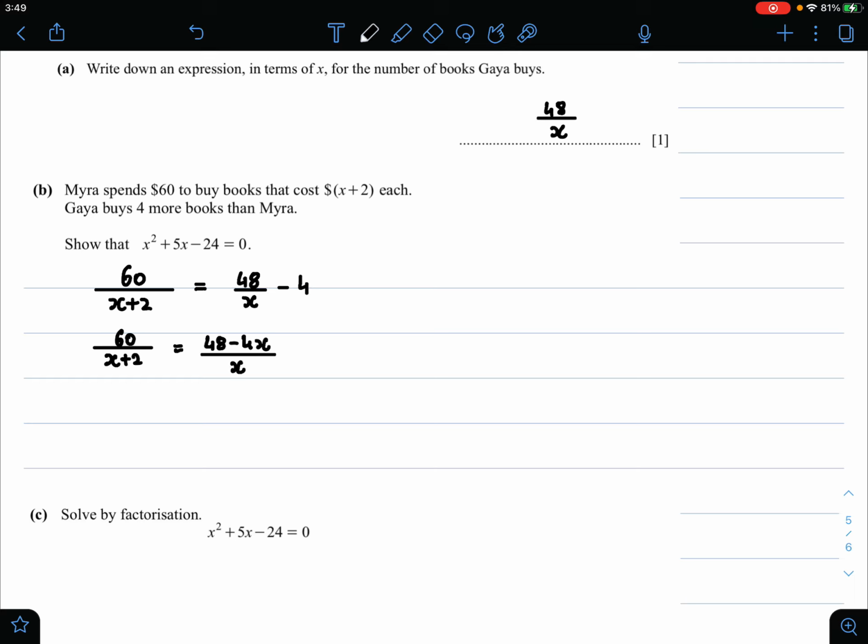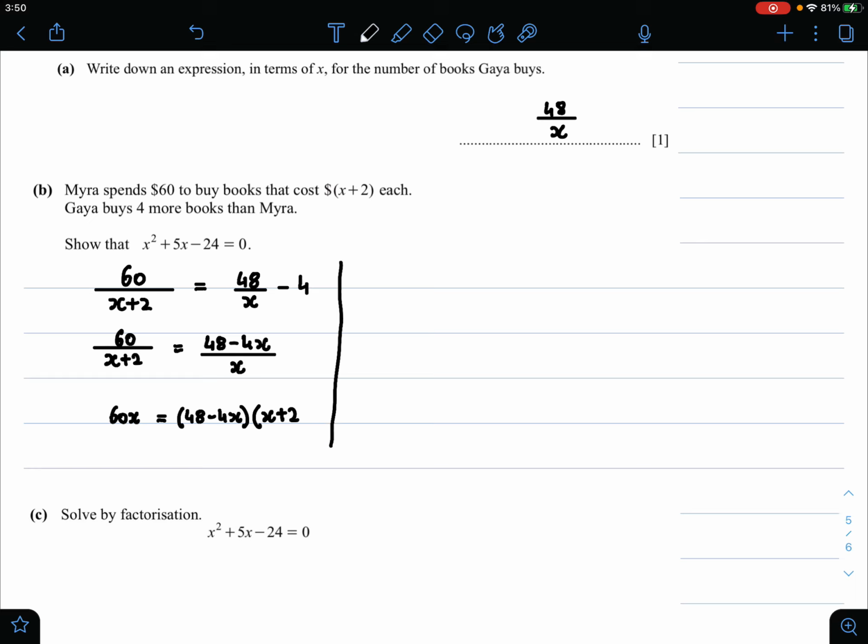Now you can simply cross multiply, so you could write 60x, because 60 multiplied by x is 60x, is equal to 48 minus 4x multiplied by x plus 2.